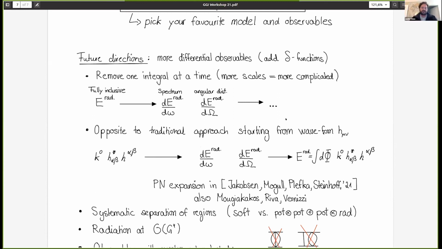Maybe one comment for these more exclusive observables. If you think back in collider physics, by now people at N cube LO in collider physics, even rapidity distributions for the Higgs are known. So these are also more exclusive observables in the Higgs case. And that's at 3-loop order.